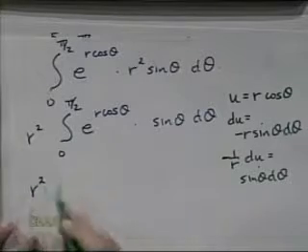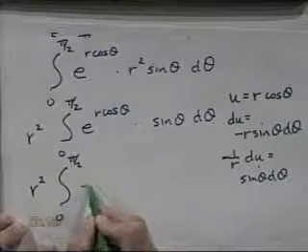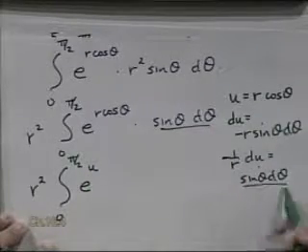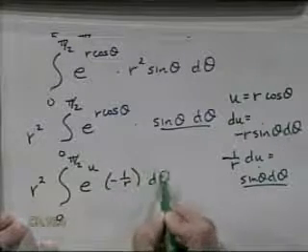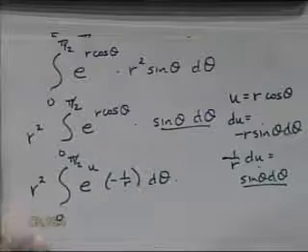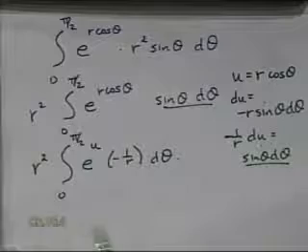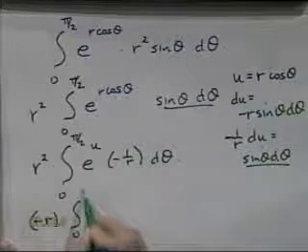So this gives me r squared times the integral from 0 to pi over 2 of e to the u. And for sine theta d theta, I'm going to replace it with minus 1 over r du. Okay, everybody doing okay? And if we bring this constant out front, which gives me minus r, we have the integral from 0 to pi over 2.